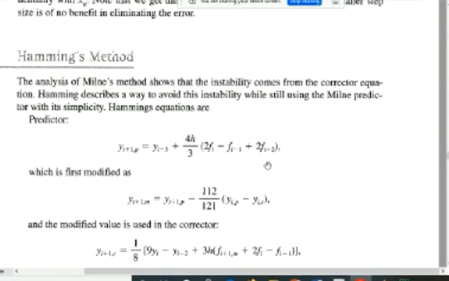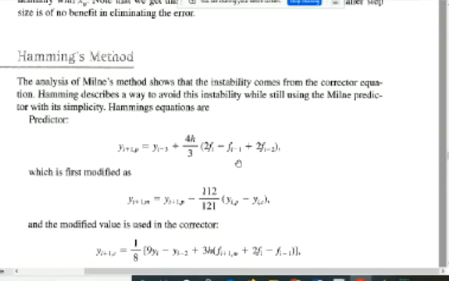We simply observe that this is a multi-step formula, and the predictor value y_{i+1}^p is first modified by Hamming's equations to y_{i+1}^m, where m refers to the modified predictor.